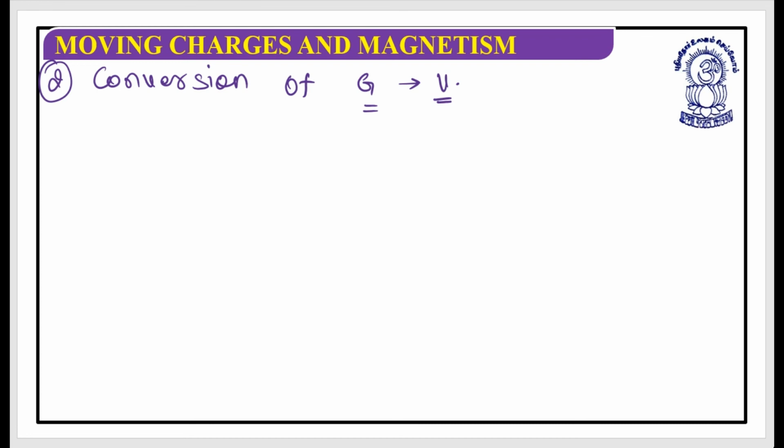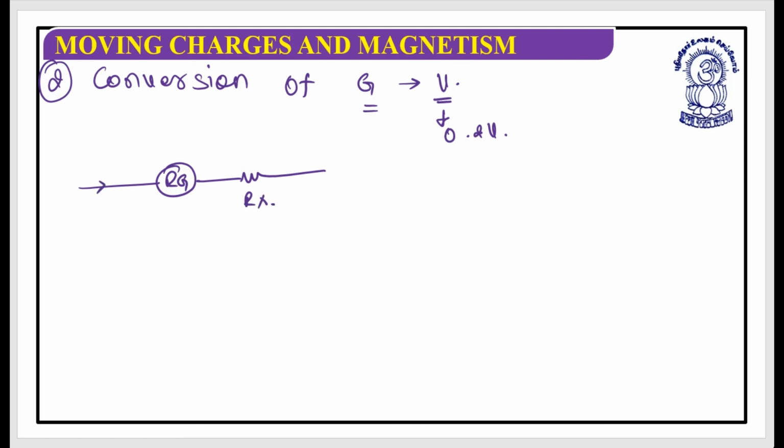What range is required? I need to convert this to a range of 0.2 volt. So what we are supposed to do is connect Rg, the galvanometer resistance, in series with an external resistance Rx, which I am looking for.